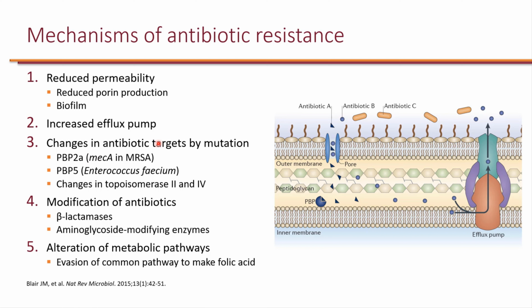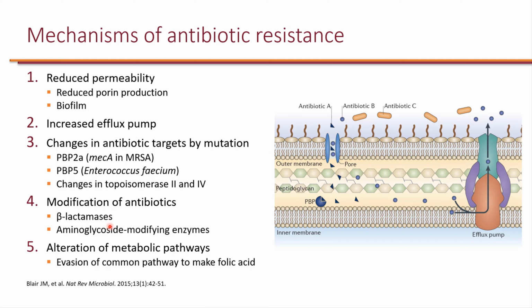Another mechanism is the change in antibiotic targets by mutation. So if the antibiotics do get to the site of action, then the site of action can mutate so that the antibiotic can no longer bind to it. The fourth mechanism is modification of the antibiotic itself. There are beta-lactamases that can break down antibiotics.